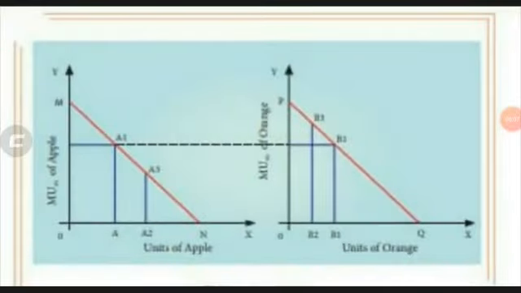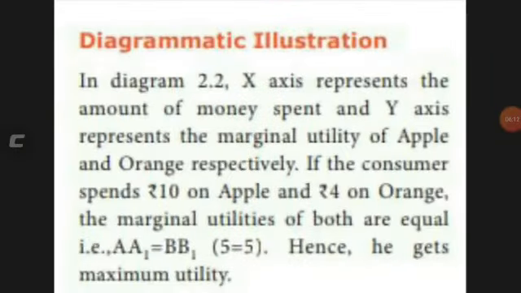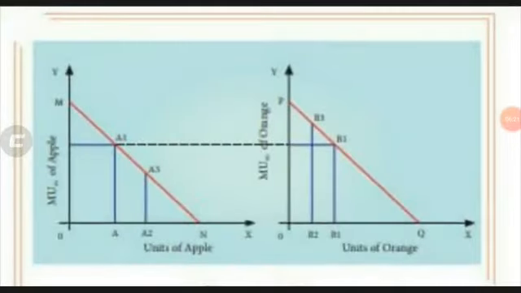Both orange and apple have equal satisfaction at A and A1 in the first diagram and B and B1 in the second diagram. Both are equal, and the upper blue dotted line joins them.